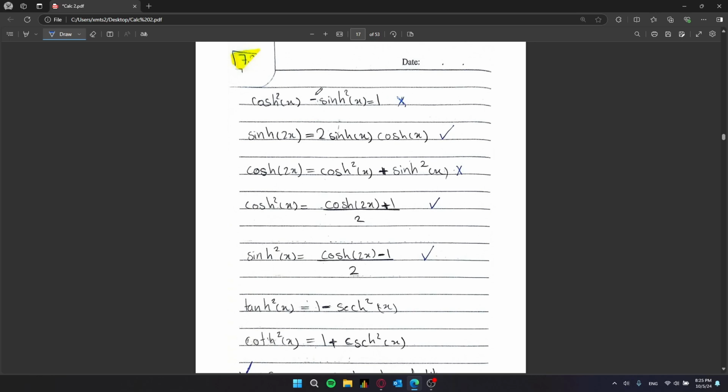If you recall, in Calculus 1, lesson 1.3, you took the trigonometric identities.